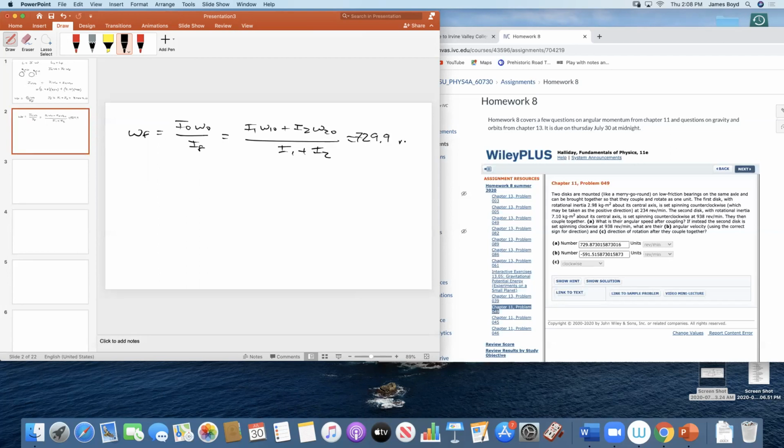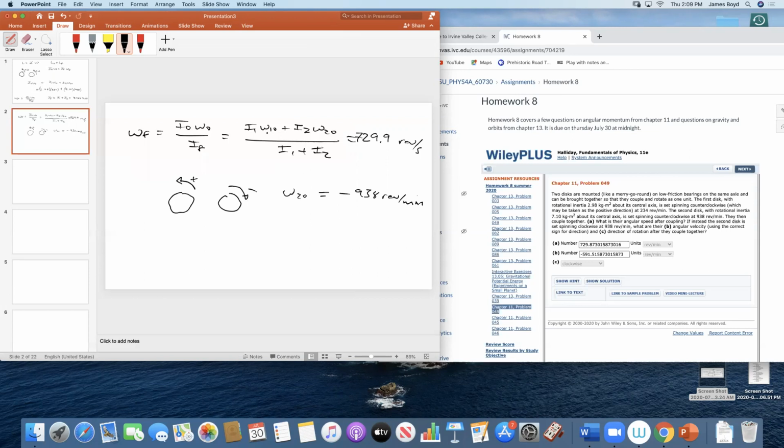Rev per minute is our unit. Now, for part B, we're assuming that instead of turning counterclockwise, the second disk was turning clockwise, or in the negative direction. So omega 2 initial is now negative 938 rev per minute.